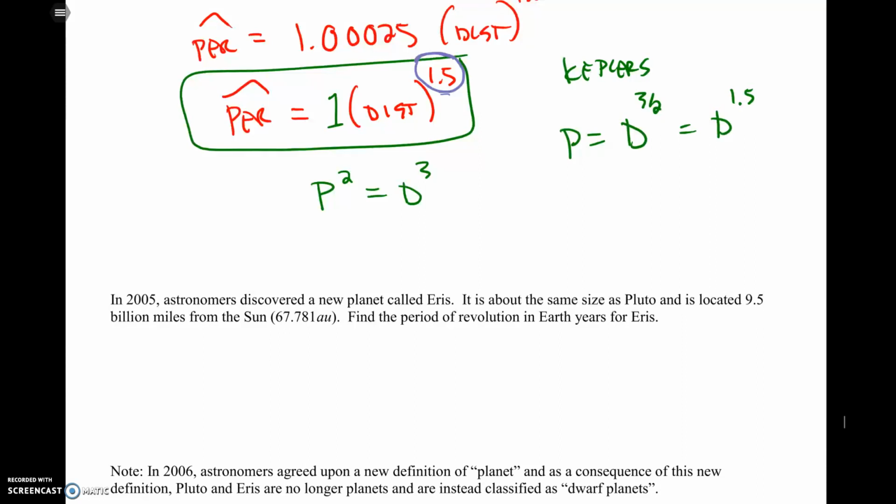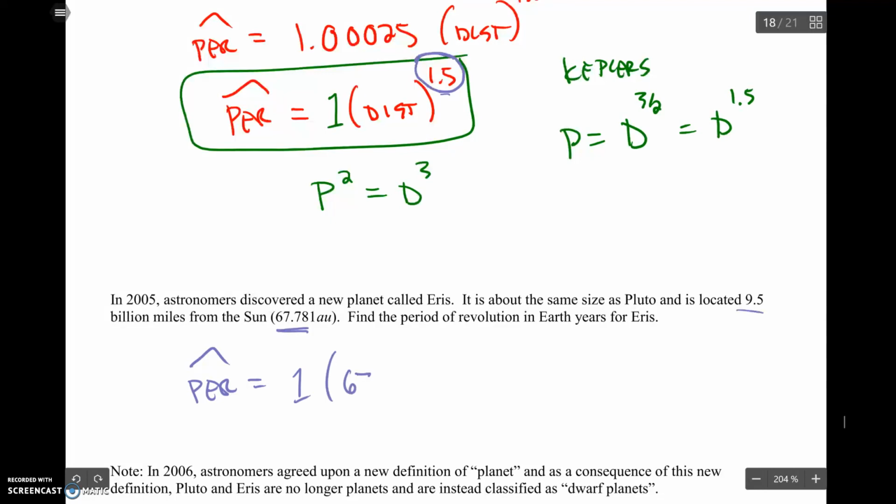Astronomers discovered a new planet called Eris. It's about the same size as Pluto and is located 9.5 billion miles from the sun. That's 67.781 astronomical units. So let's find the predicted period of this new planet.